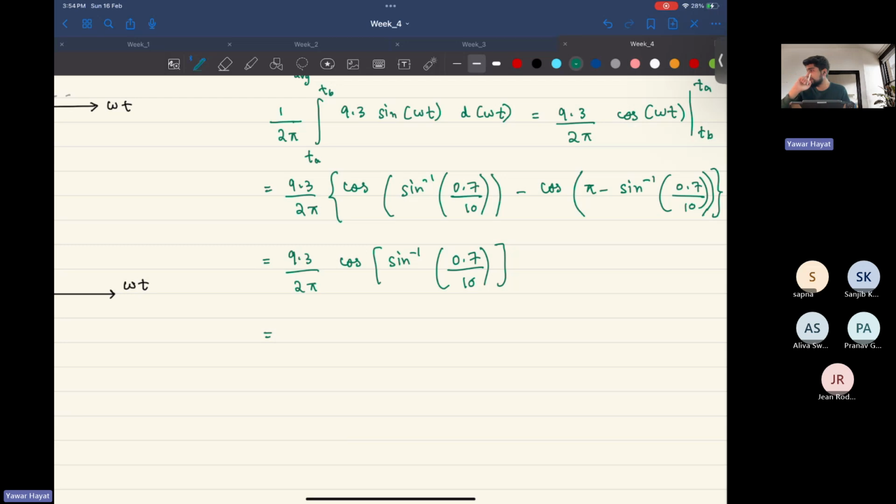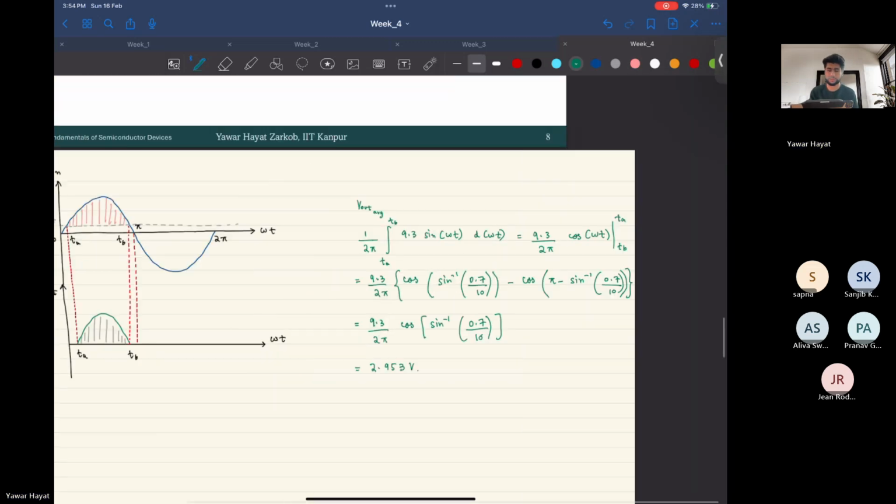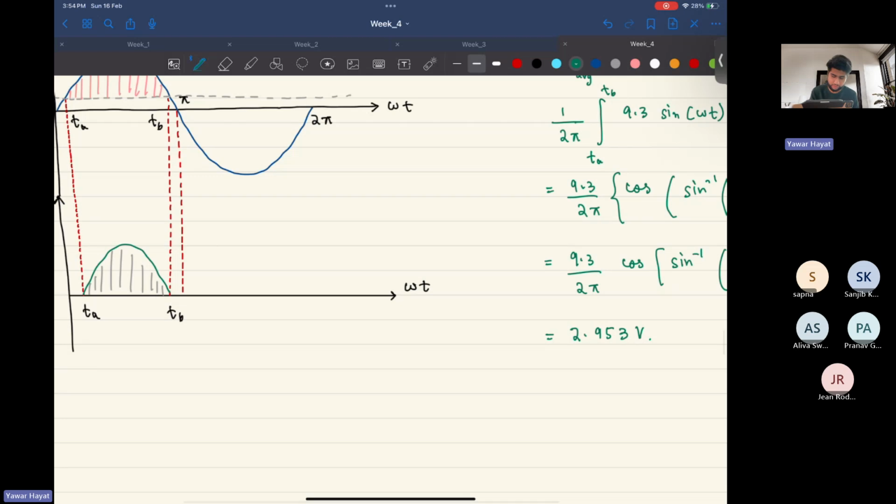So the V out average that you'll get is 2.953 volts. And this is the V out average that you'll obtain.